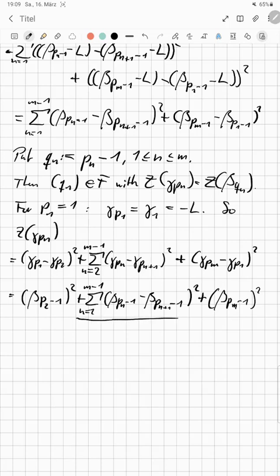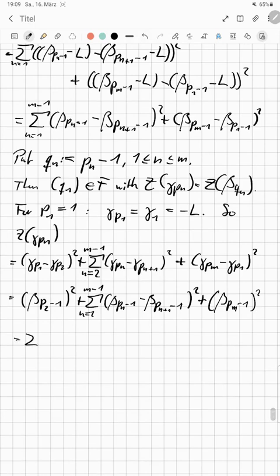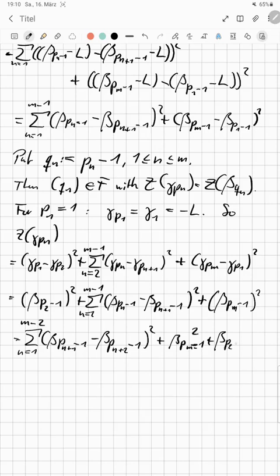Now we will perform an index shift in here to get the following. This is the sum as n goes from 1 to m minus 2 of beta P n plus 1 minus 1 minus beta P n plus 2 minus 1 squared plus beta P m minus 1 squared plus beta P2 minus 1 squared.